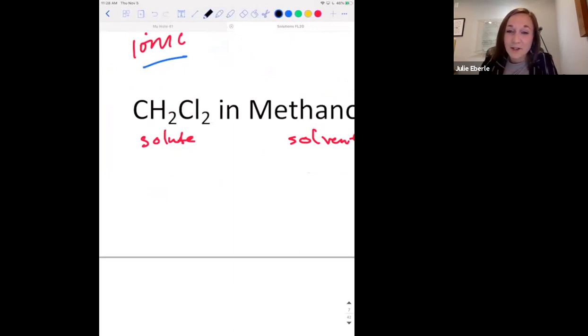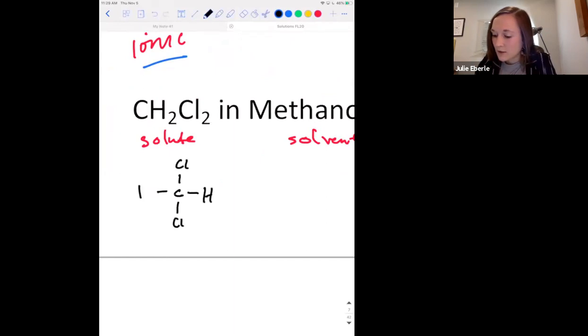Here's the deal. This one actually is tricky. Let's look at this. We have a carbon. It depends how you draw this. So let's draw it 2 different ways. We know carbon has 4 bonds, and 2 chlorines. What if I draw it like this? Or what if I draw it like this?